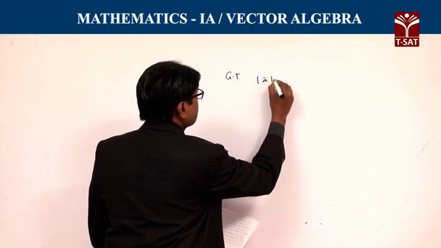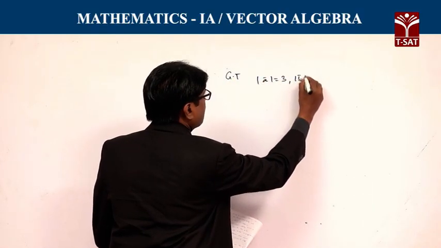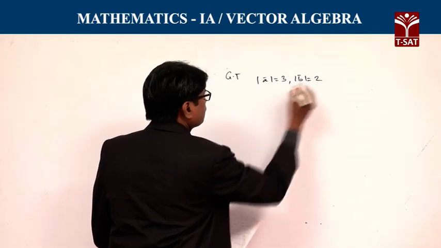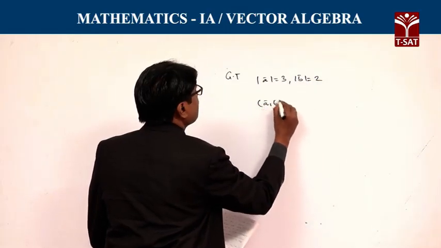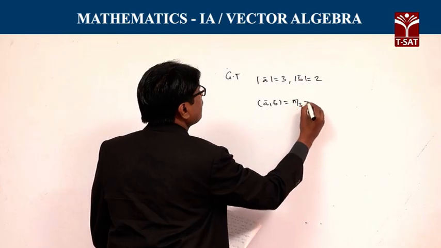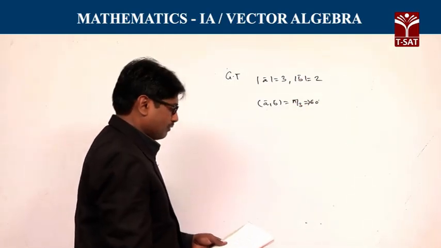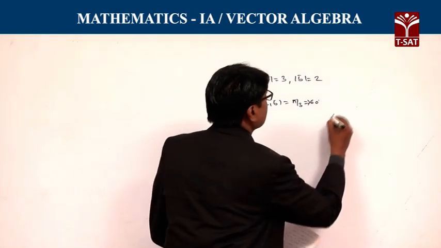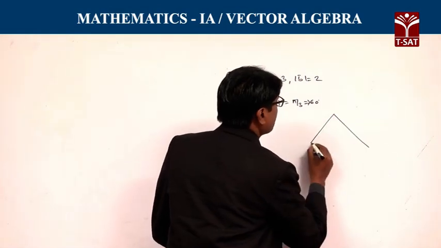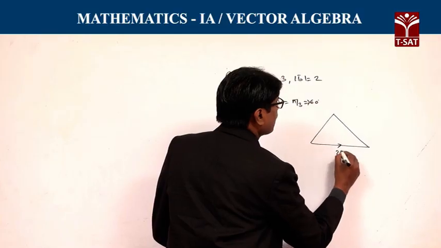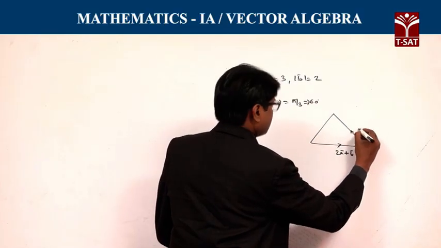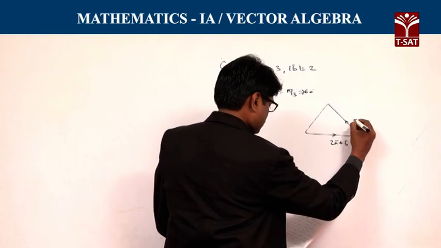Given that mod of a bar is equal to 3, mod of b bar is equal to 2, and the angle between a bar and b bar is equal to pi by 3, that is 60 degrees. Then find the area of the triangle with adjacent sides 2a bar plus b bar and a bar plus 2b bar.